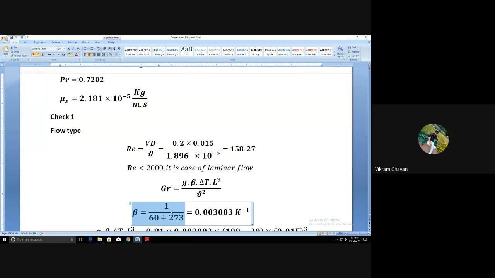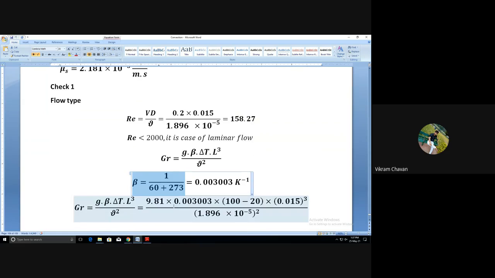Please check whether you are getting the same value, the Reynolds number 158.27 and beta 0.003003.